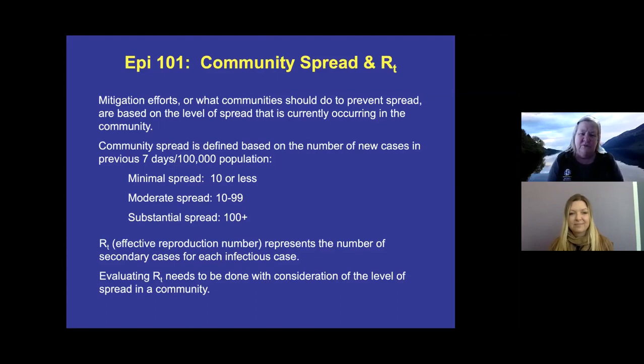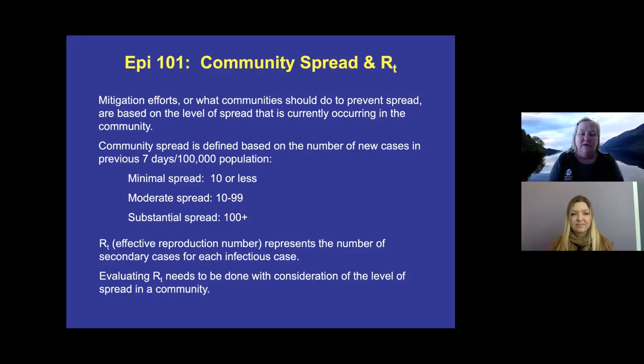So community spread is defined based on the number of new cases in the past 7 days per 100,000 population. Minimal spread is 10 or fewer new cases in the previous week.